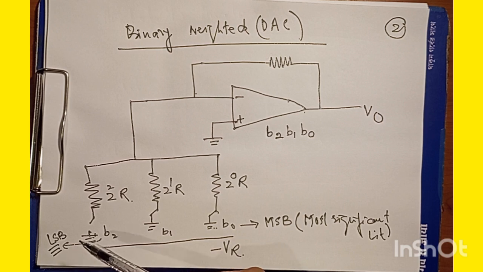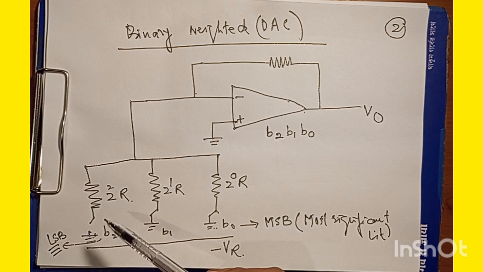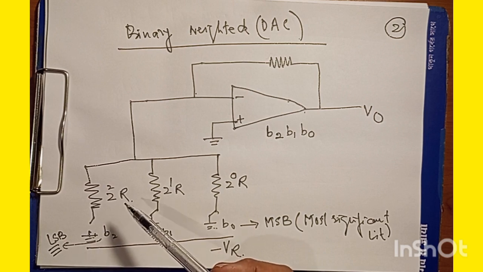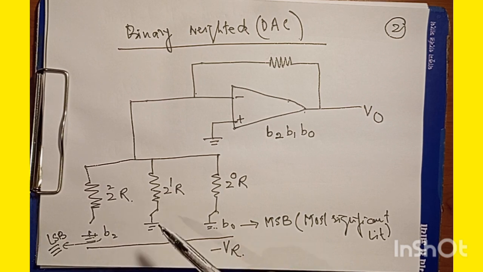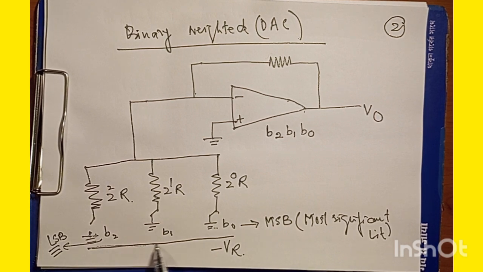Similarly, the digital switch shown above in the given figure will be connected to the negative reference here, you can see, when the corresponding input bits are equal to 1.